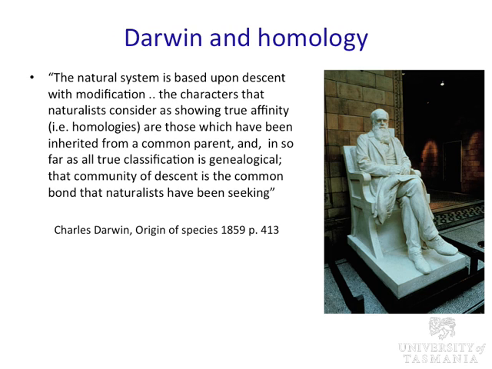Another quote from Darwin, basically suggesting that characters that naturalists consider as showing true affinity, i.e. they're homologous, are those inherited from a common parent. So all true classification, which we could call classification and taxonomy, in reality should be based upon homologous characters, effectively the phylogeny.